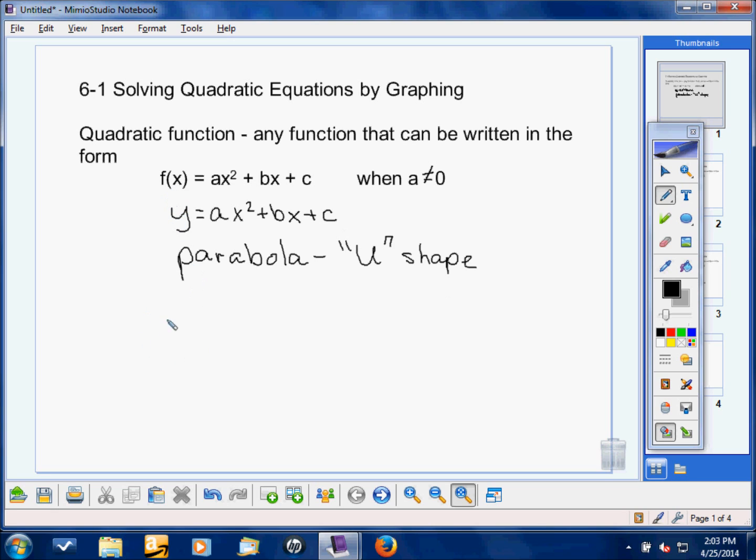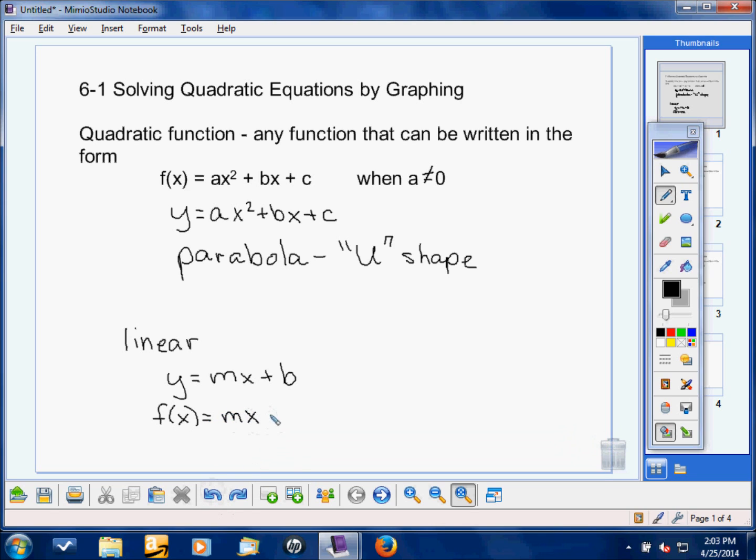For a line, this is a quadratic. Linear, this is review, but you're very familiar with that. Linear would be y equals mx plus b. If we wrote this in the same function notation, it would be f of x equals mx plus b.